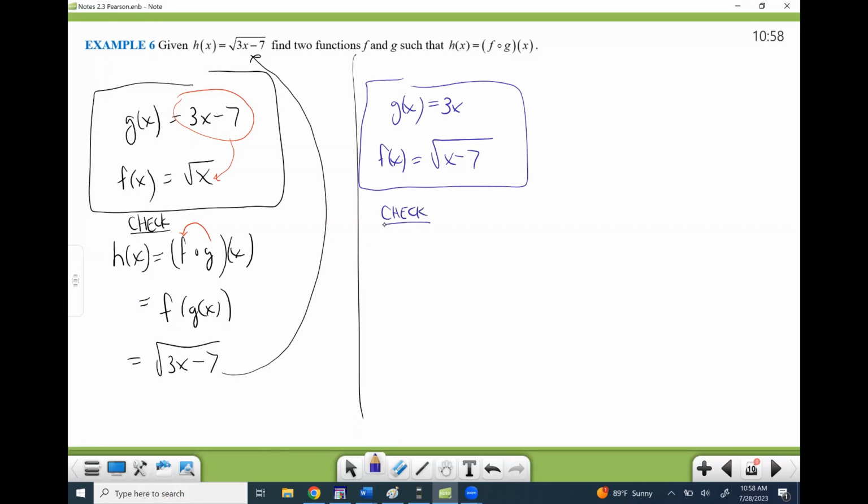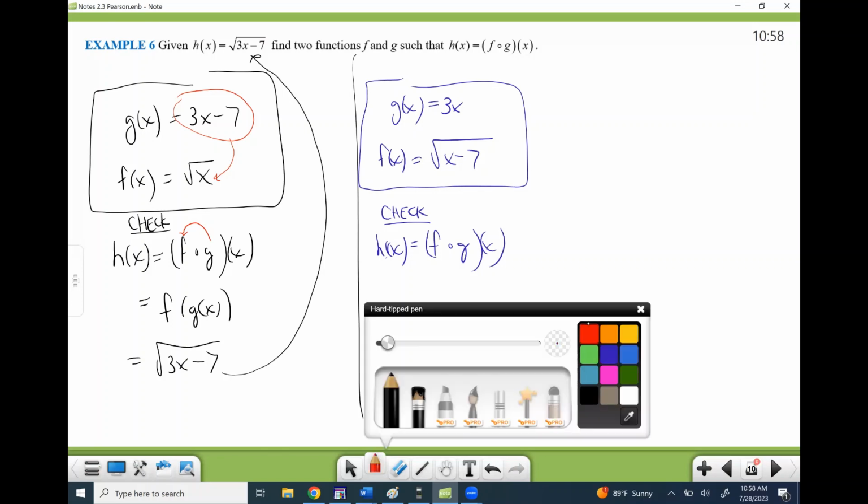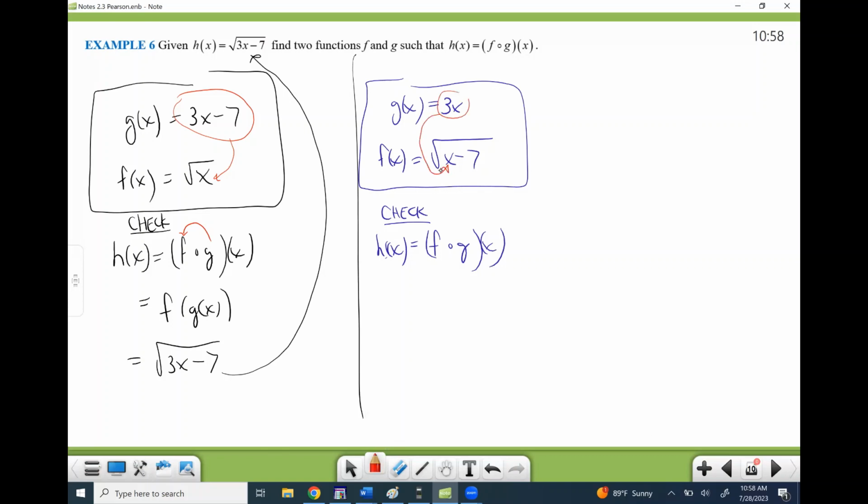Let's check. For h of x, we're going to be taking f and substituting g into it. So if we substitute 3x in for the x, you can probably see already that we would end up with the square root of 3x minus 7.